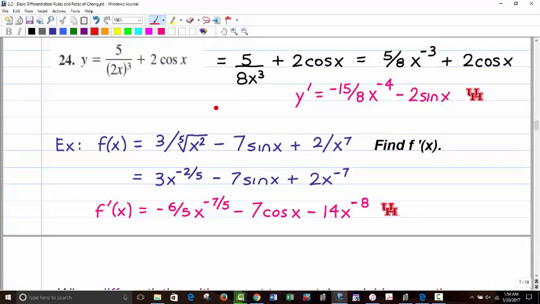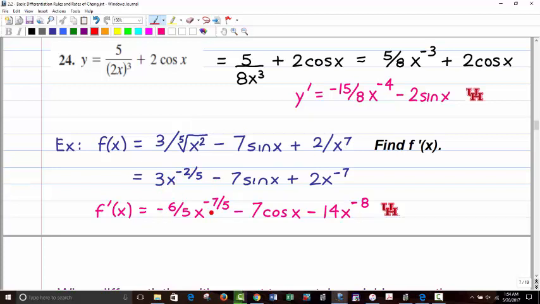This one's saying 3 divided by the 5th root of x squared minus 7 sine of x plus 2 divided by x to the 7. So I need to bring that x to the 2/5 from the bottom up, which makes it x to the negative 2/5. Same thing with x to the 7, bring that up, make it negative, and use the power rule for outside terms. Negative 2/5 times 3 is negative 6/5.